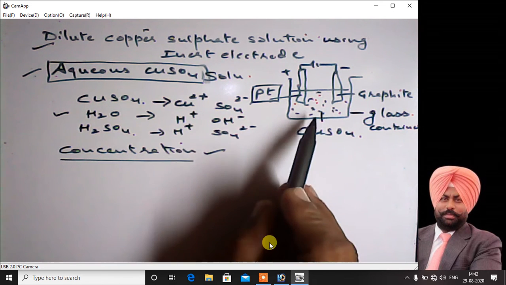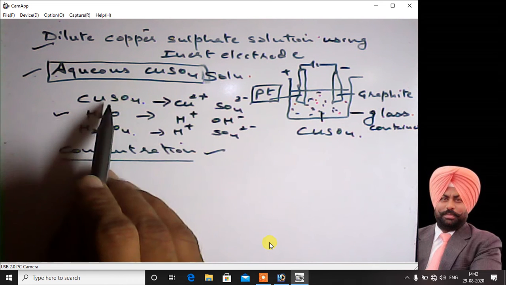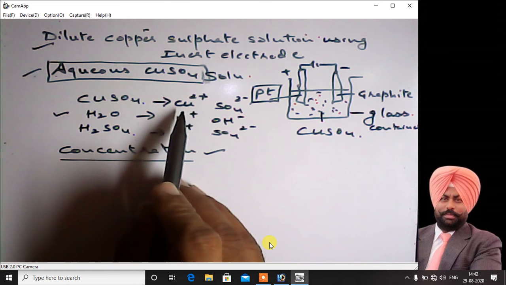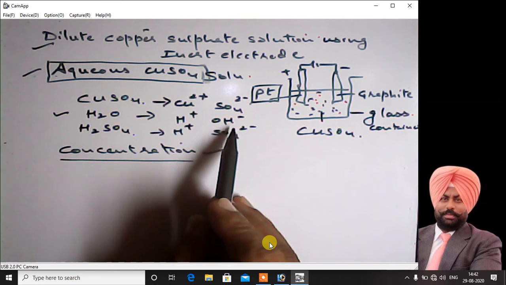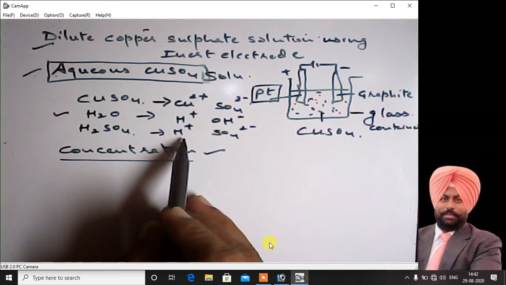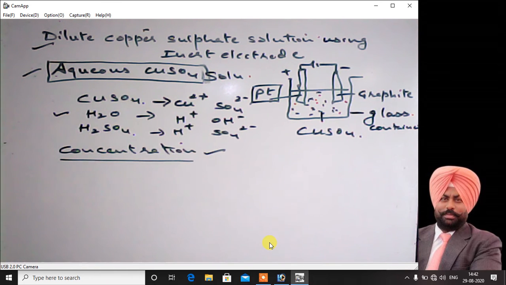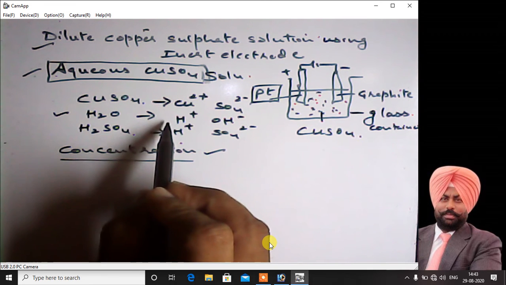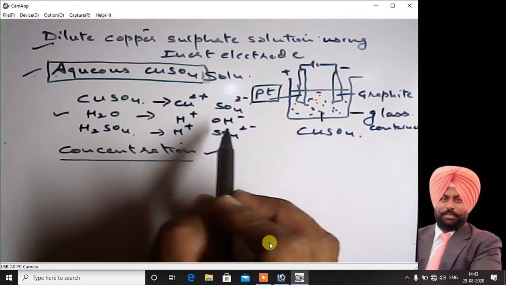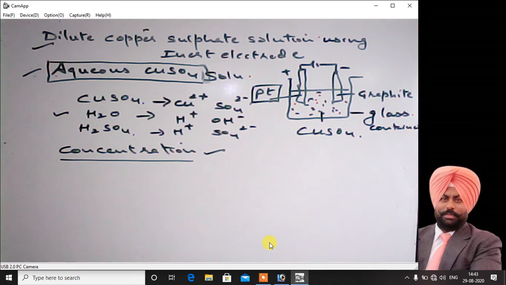So when the electricity is passed, copper sulfate will dissociate and it will form ions of copper 2 positive, sulfate 2 negative. Water will form the ions of H positive and OH negative. Sulfuric acid will form the ions of H positive and SO4 2 negative. Since the concentration of water is more, therefore the H positive ions and hydroxide ions are in more concentration than the other positive and negatively charged ions, or you can say cations and anions.